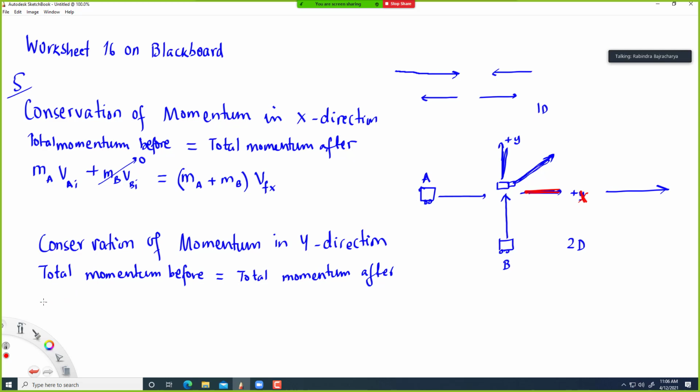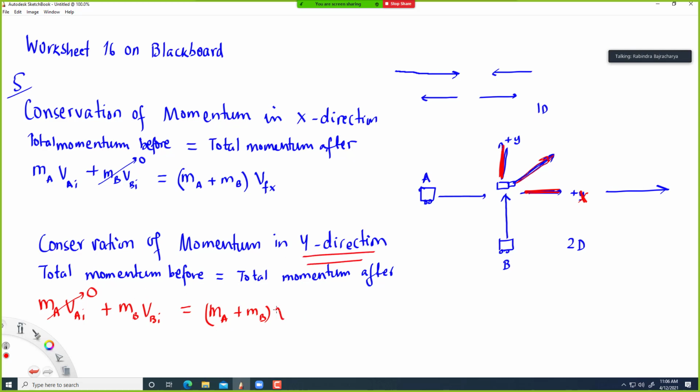Now, likewise here, m_A v_A initial plus m_B v_B initial, but here A is moving all along x direction, so it does not have y component. That means this must be 0. So that is equal to, after collision, combined m_A plus m_B, and after collision it moves along this direction, but we are talking about this part, y direction.